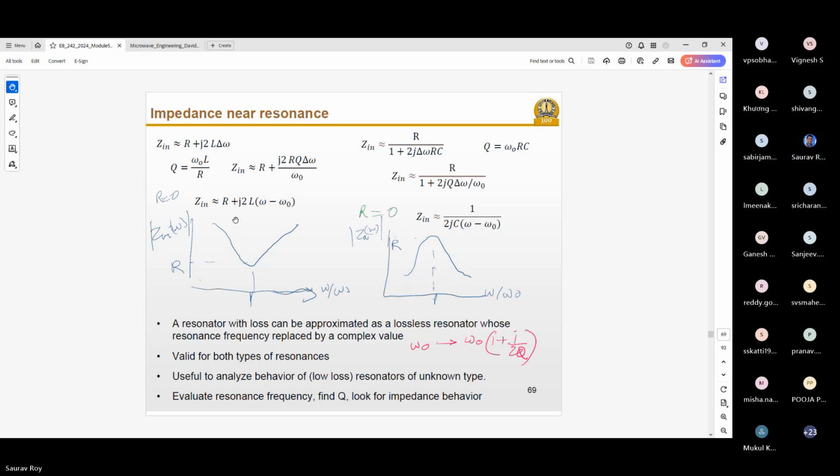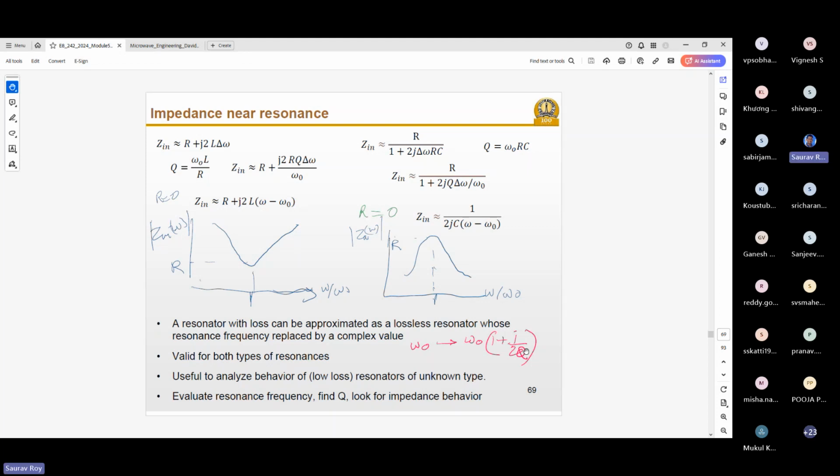There's another very simple way to approximate a lossy resonator with a lossless resonator, using this transformation: omega naught is replaced by omega naught plus 1 over j2Q, where Q is the Q factor of the lossy one. That means for a lossless resonator, you use the same expression and just replace omega naught by this, and you get the lossy resonator too.